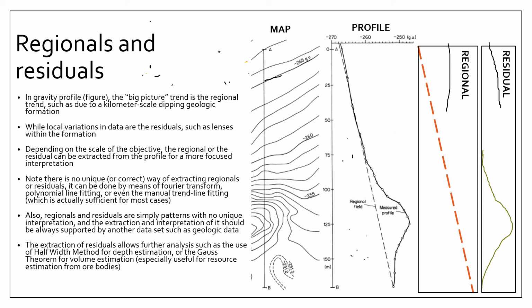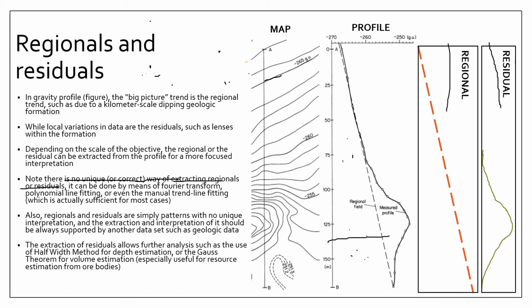Now, separating those two is the tricky part. There is no unique or correct method of separating the regionals from the residuals. Although it's important to have a geological understanding of the area first before doing this extraction, because it can go wrong in many ways.